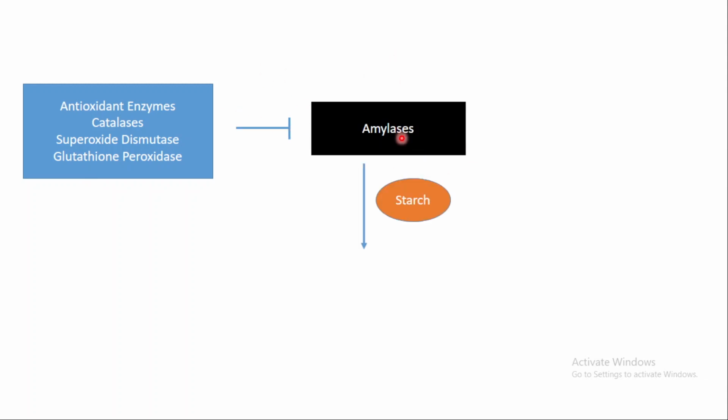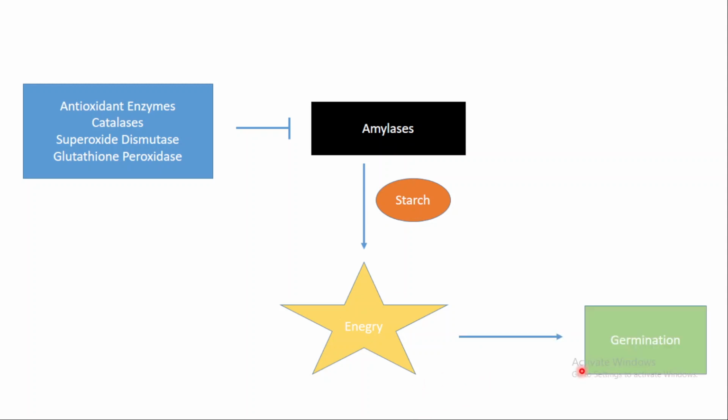Amylases break down the starch into energy. So in the presence of antioxidant enzyme, catalases, superoxide dismutase, glutathione peroxidase, amylases cannot function very nicely. Therefore, starch cannot be converted into energy. When these are not there or their activity is inhibited, amylases can convert starch into energy. Then this energy can be used for germination of the plant.